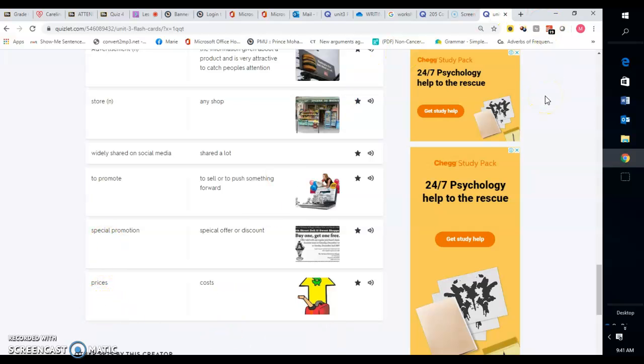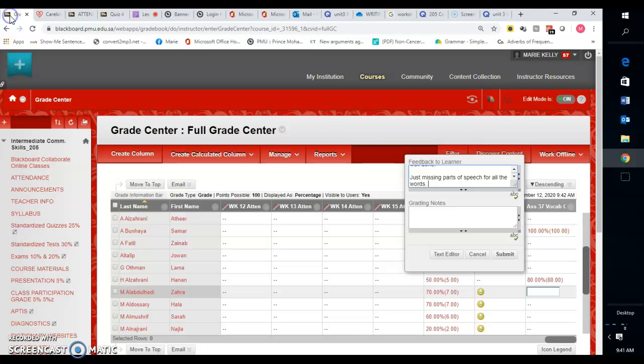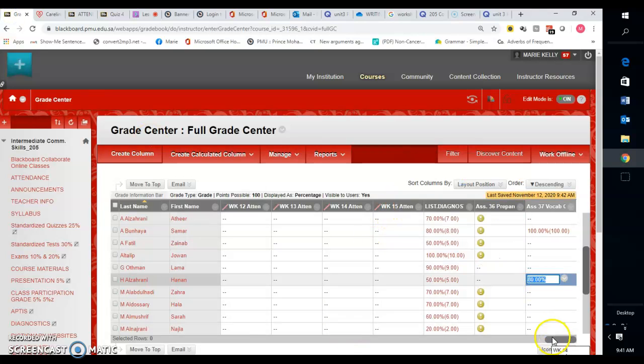I think any less than 20, and we have to remove points for that. So if they have like only 15 to 20 words, say remove 10 points for that. Okay, so I'm back to the grade center. I'll put that in.